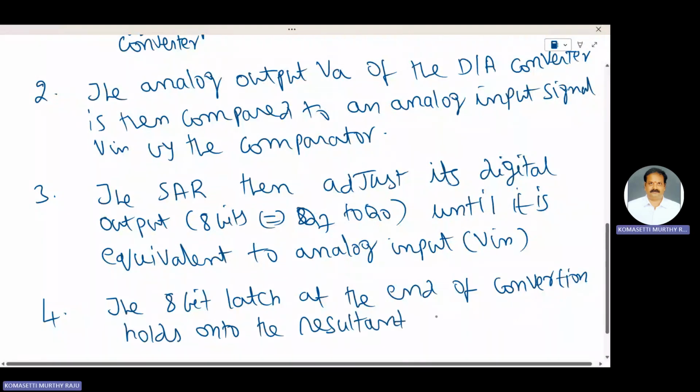The 8-bit latch is used to store the digital data output after the conversion. Conversion means VIN to digital data output.